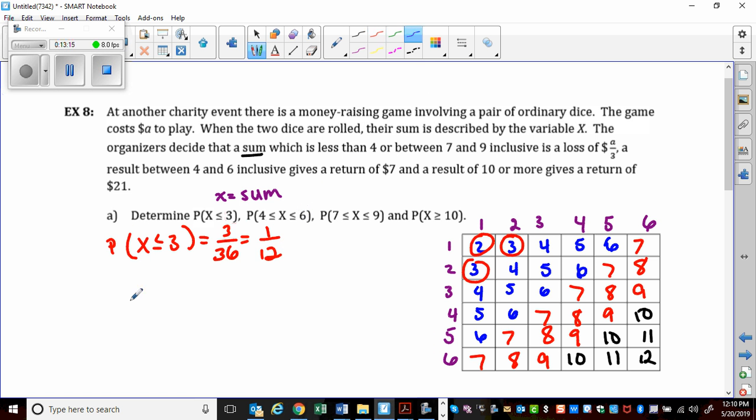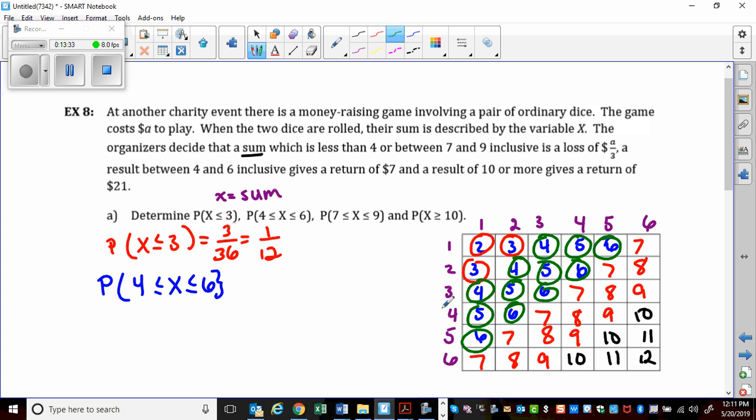And let's do the second one. The probability that our sum is between 4 and 6 inclusive. It can include 4 and 6. So I'm going to use green. So 4, 5, 6, 4, 5, 6. And I think altogether that is 12 out of 36, which simplifies to 1/3.